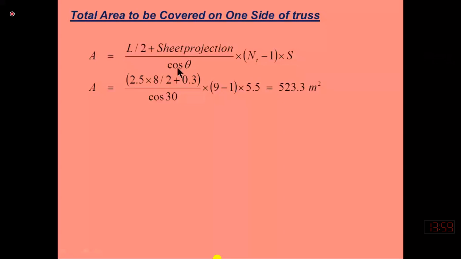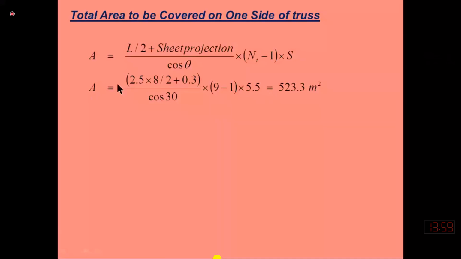Then I have the area covered between two trusses, and the total area will be the total number of trusses minus 1, because if the trusses are 9, I will have 8 spacings. So A is the total area covered in our building or truss housing system on one side only.